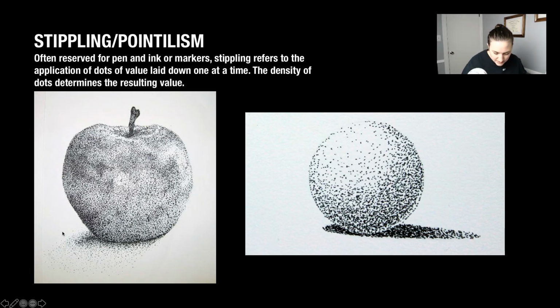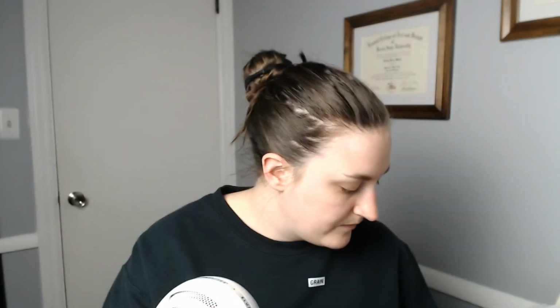I do have some markers here. I know you probably don't have these Staedtler pigment liner markers. So you can buy specific markers for drawing. Staedtler makes really nice ones. These go from 0.1 millimeter to 0.7 millimeter.